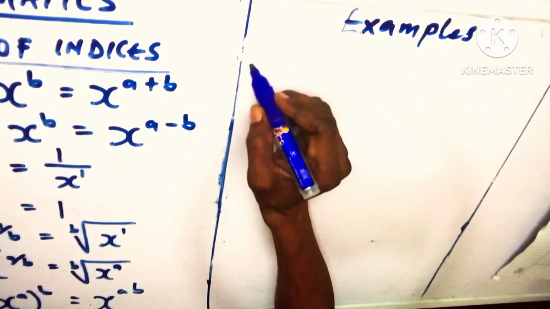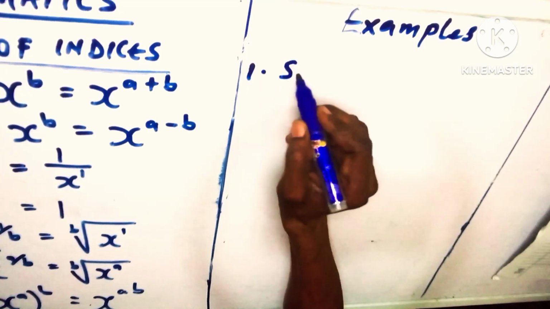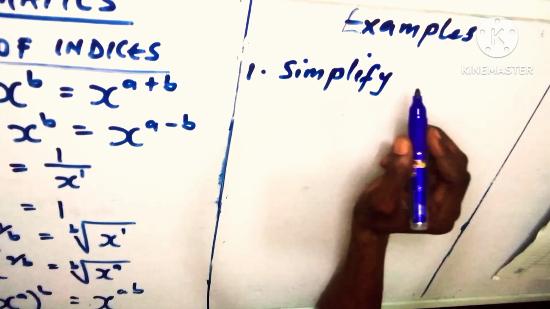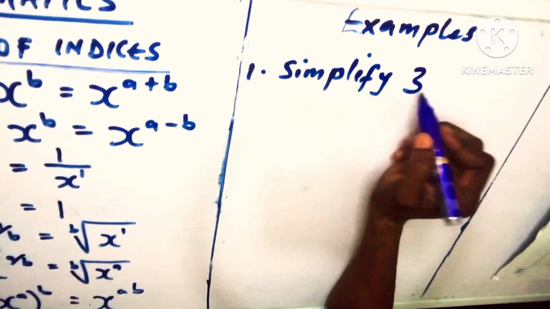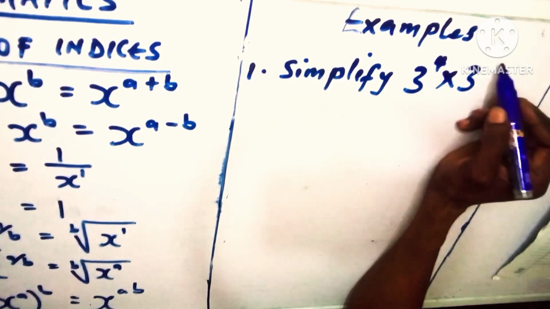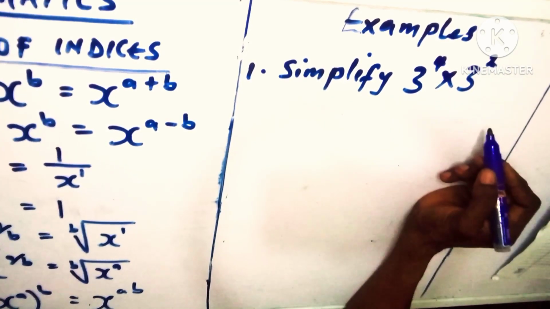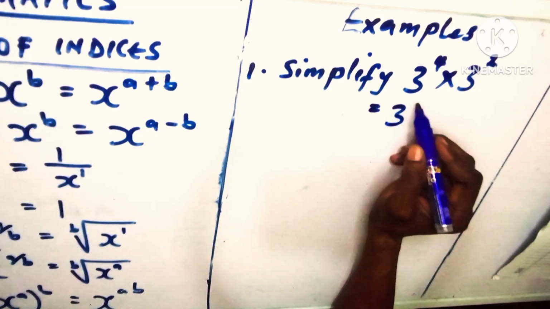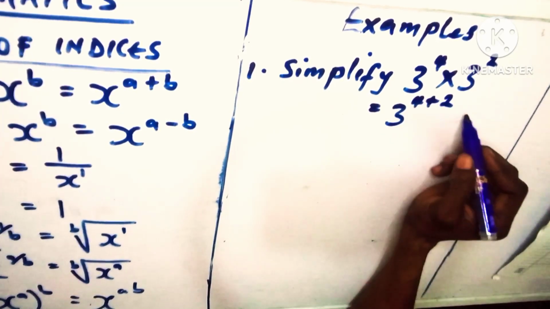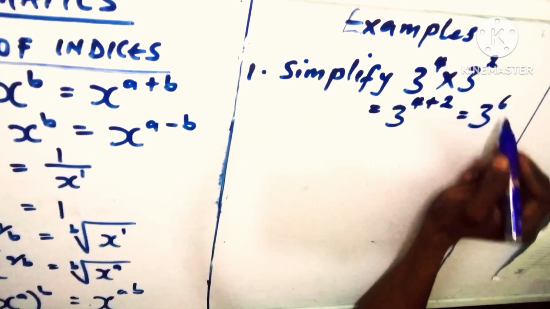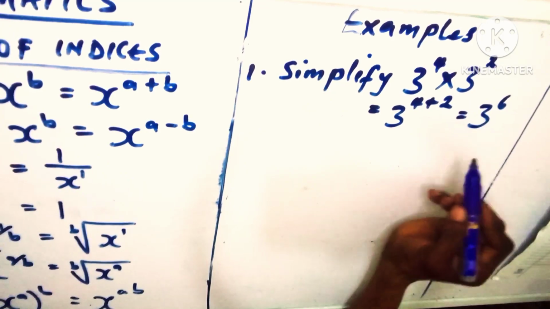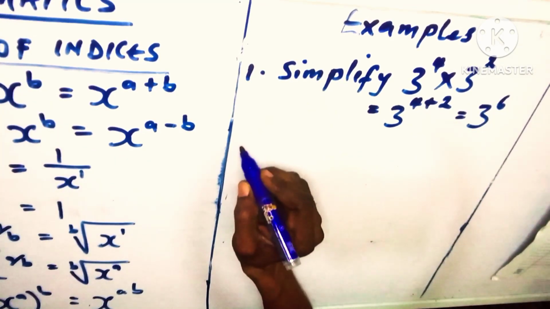Example 1. Simplify. 3^4 times 3^2 equals 3^(4+2), which will give us 3^6. You can see an example of multiplication law there.